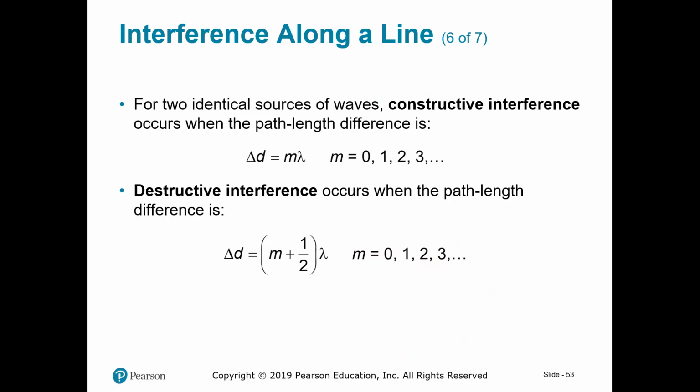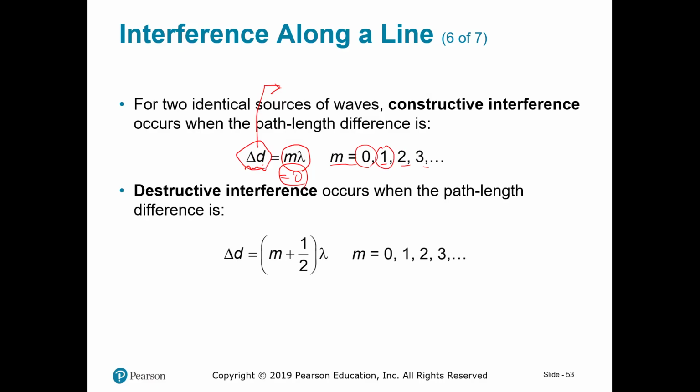So the constructive wave condition is what? Path length difference is m times lambda, where m is 0, 1, 2, 3. If m is 0, that means the path length difference is 0, which means the two speakers are located at the same position. If m equals 1, path length difference. Again, the definition of path length difference is what?